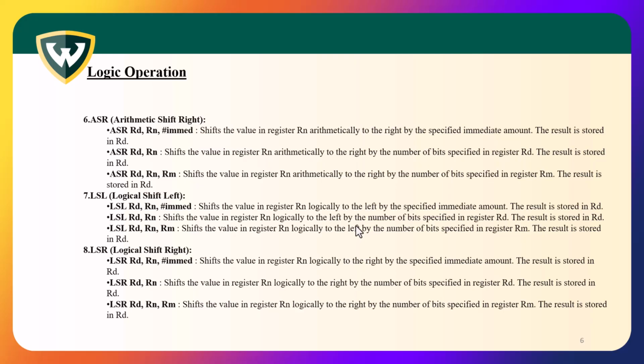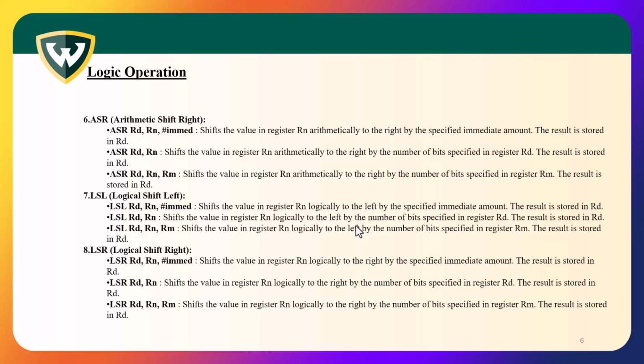It shifts the value in the register Rn arithmetically to the right by the specified immediate amount. The result is stored in RD, and then ASR RD, Rn shifts the value in the register Rn arithmetically to the right by the number of bits specified in the register. And then LSL, logical shift left, and then LSR, logical shift right.